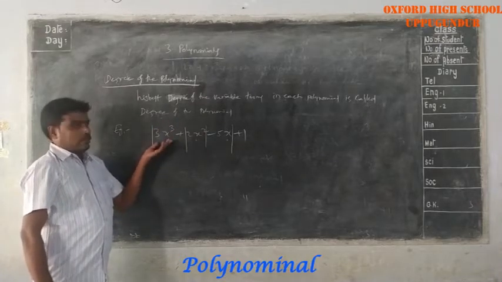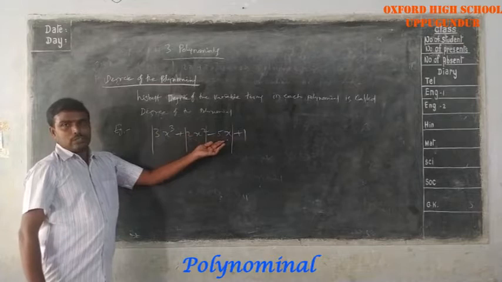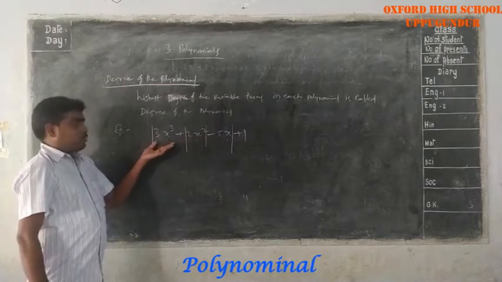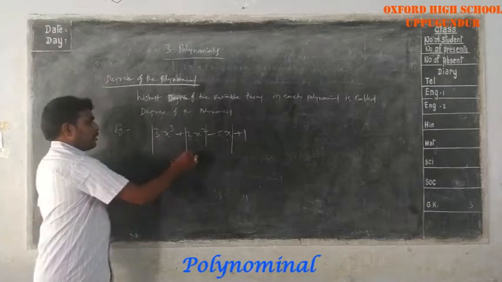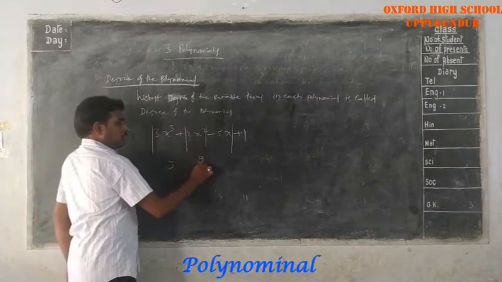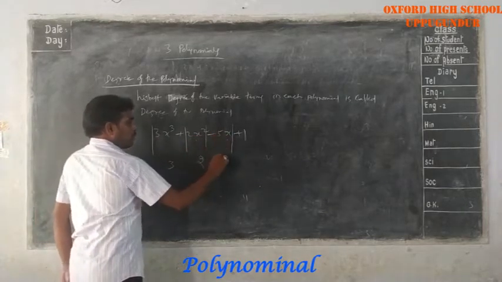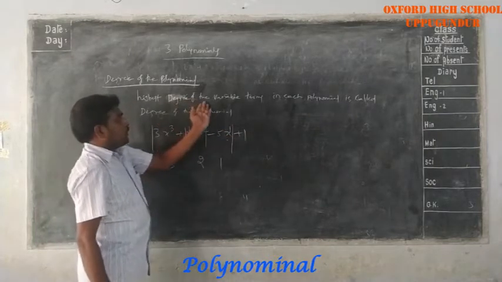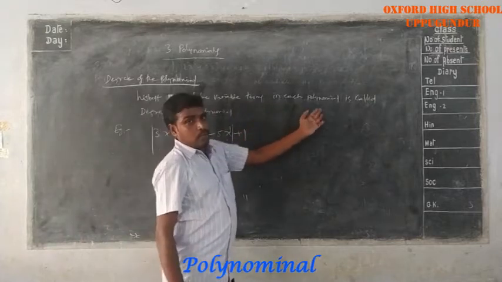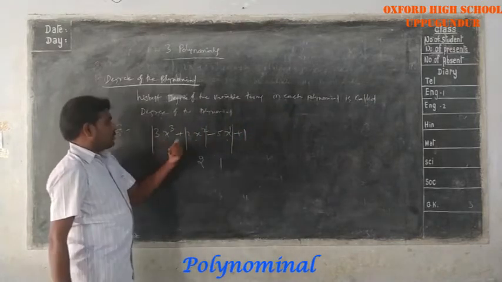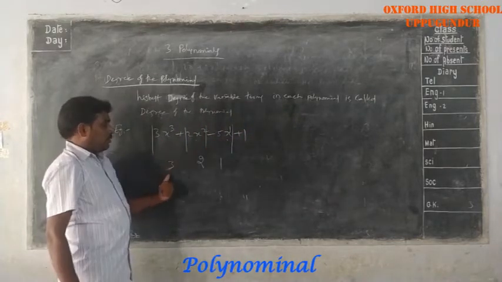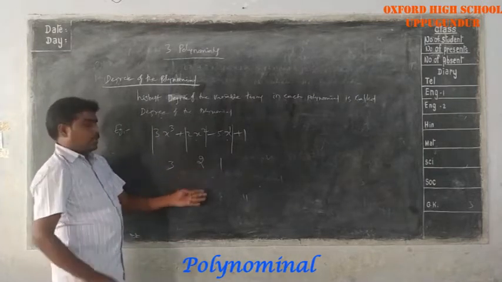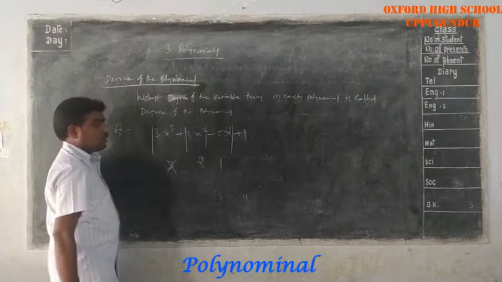Among these three monomials, the degree of this monomial is 3, the degree of this monomial is 2, the degree of this monomial is 1, since the variable power is 1. Among these, what is the highest degree? 3 is the highest degree.